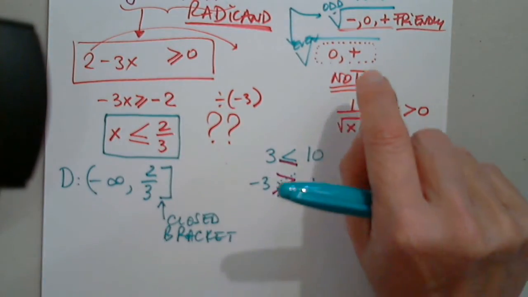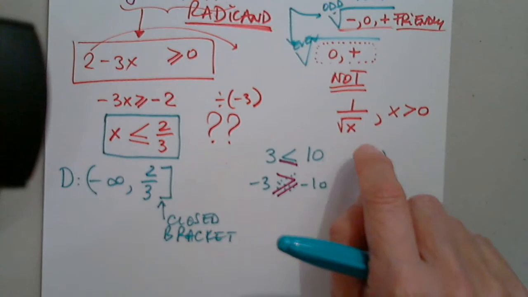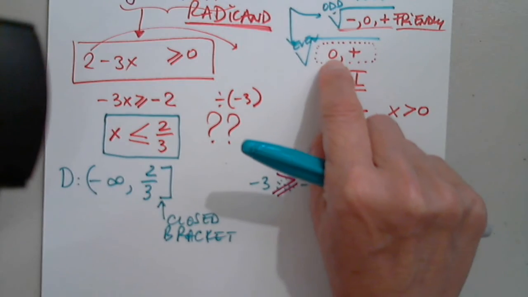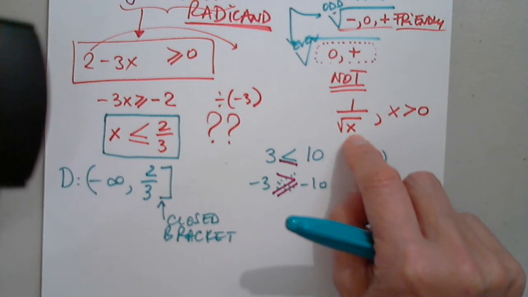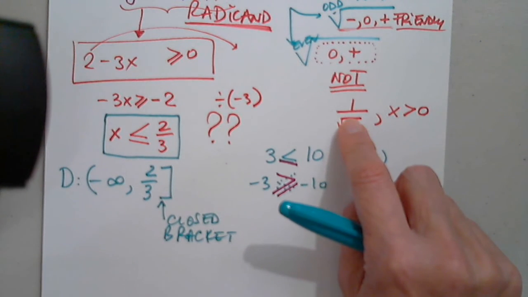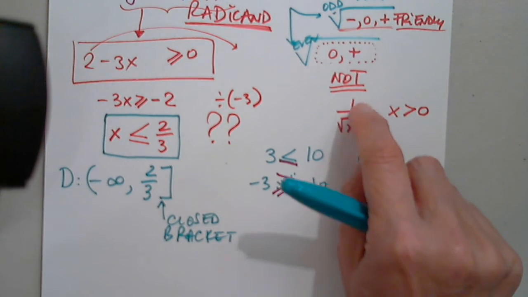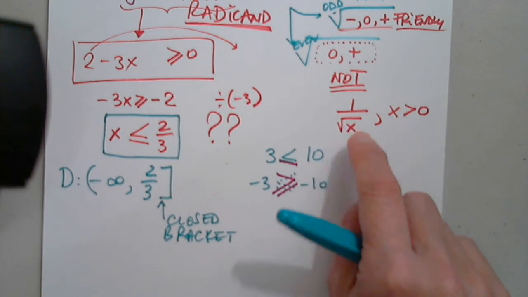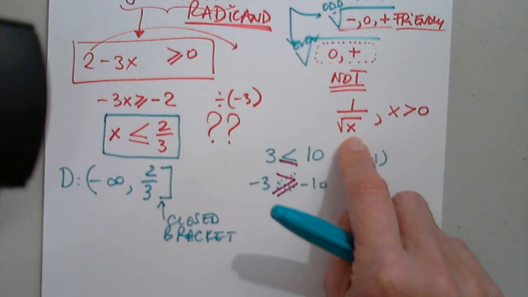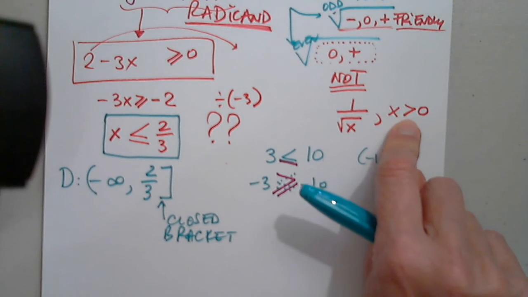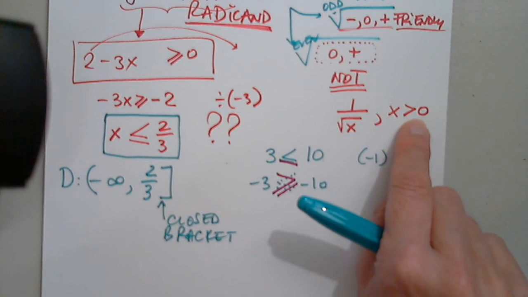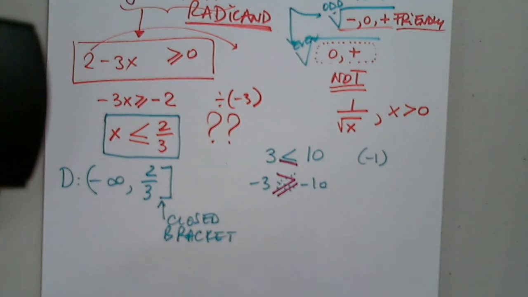I said that when the radical is in the denominator, I cannot have 0, because 0 in the denominator will make the fraction undefined. So if a radical is in the denominator, under the fraction line, the domain cannot have 0. We cannot divide by 0. Is that okay? Yeah. Perfect.